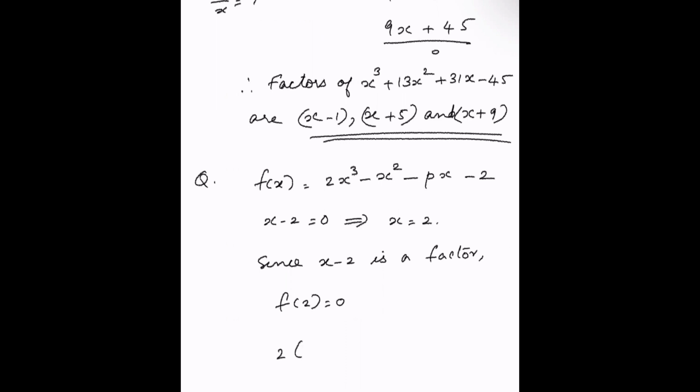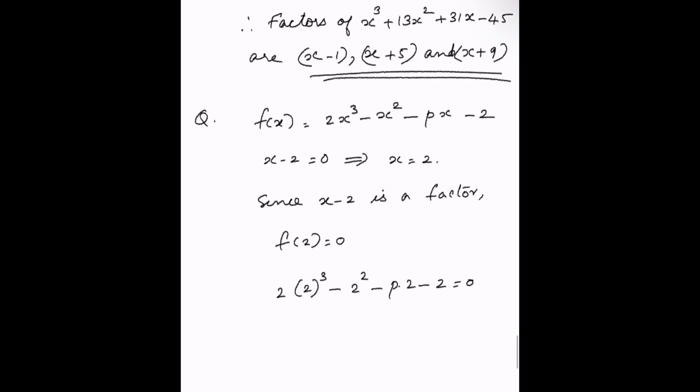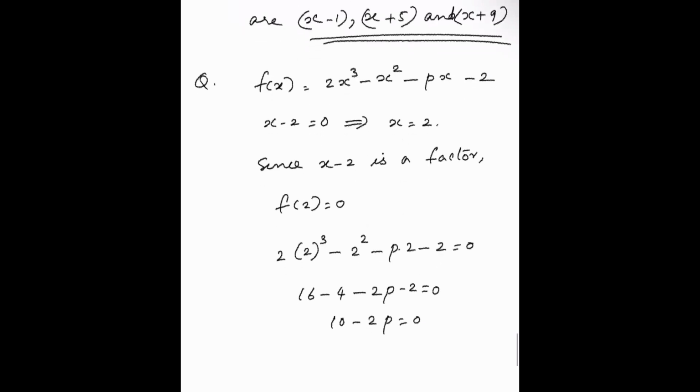Then 2 into 2 cube minus 2 square minus p into 2 minus 2 equal to 0. This is 16 minus 4 minus 2p minus 2 equal to 0. 16 minus 4 is 12. 12 minus 2 is 10. So I'm getting 10 minus 2p equal to 0, which implies p is 5.